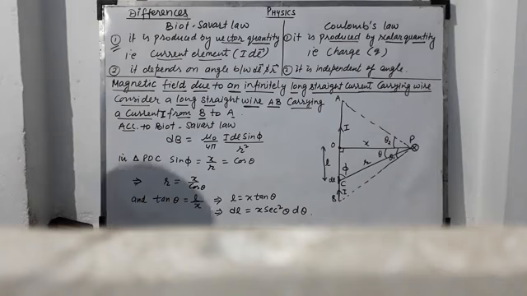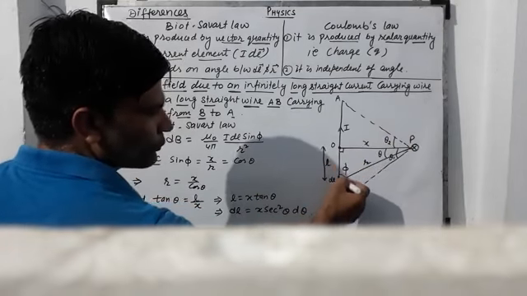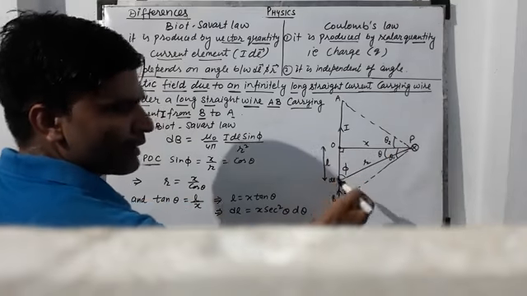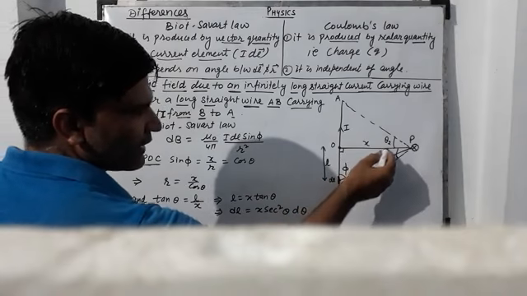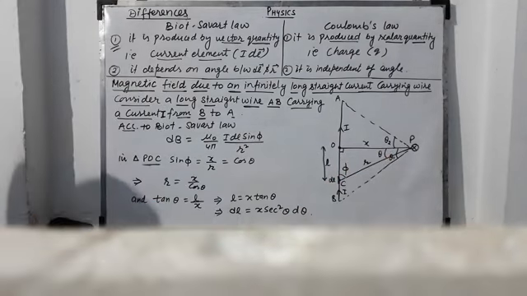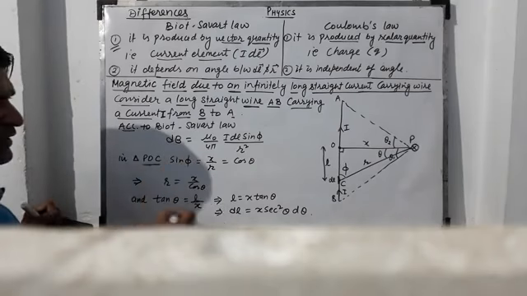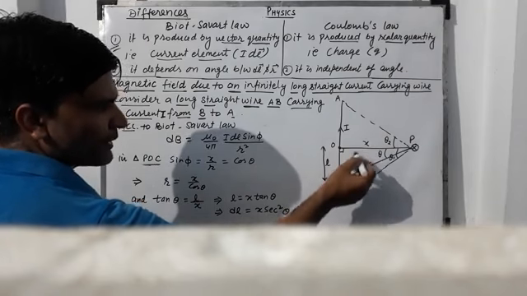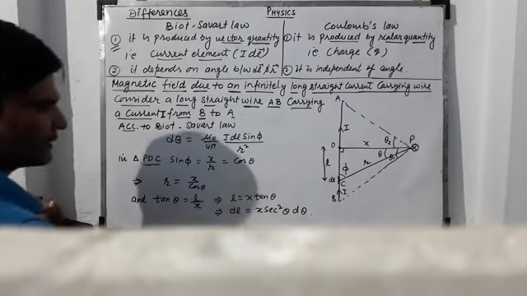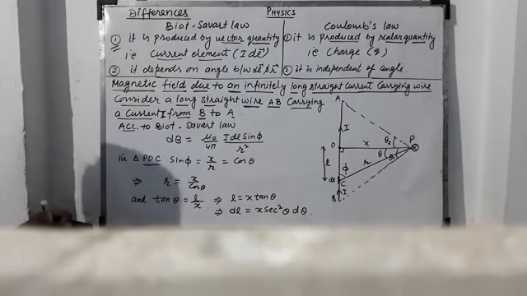Now in triangle POC, this triangle has two angles, one is phi and another is theta. So sin phi, for this is perpendicular and this is hypotenuse, so we have x upon r.